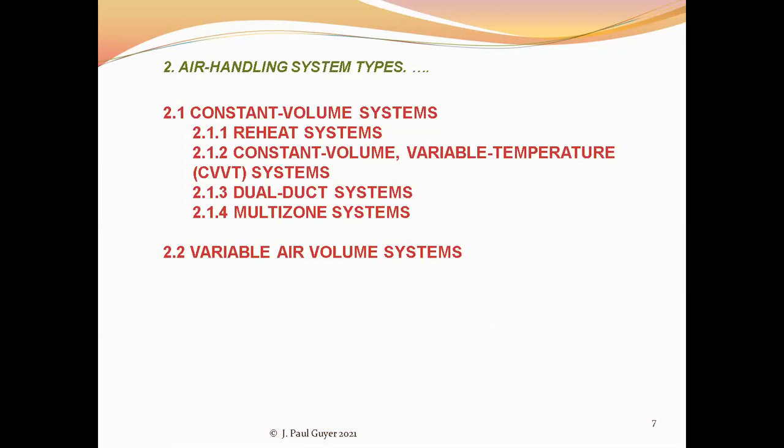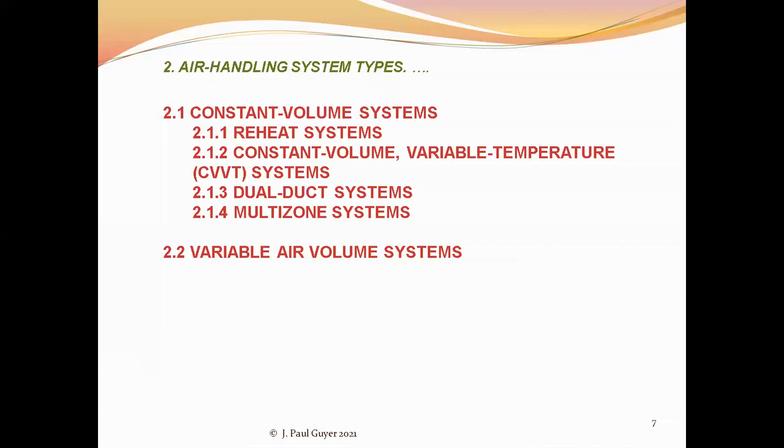And so it's a degree of temperature control that way. And you eliminate the issue of the zones fighting each other for the air if you use the damper type of control.